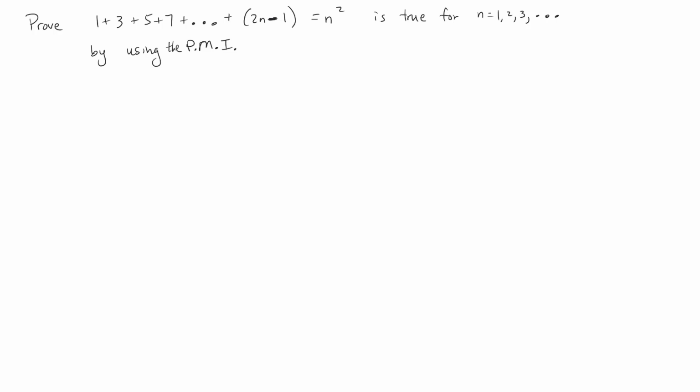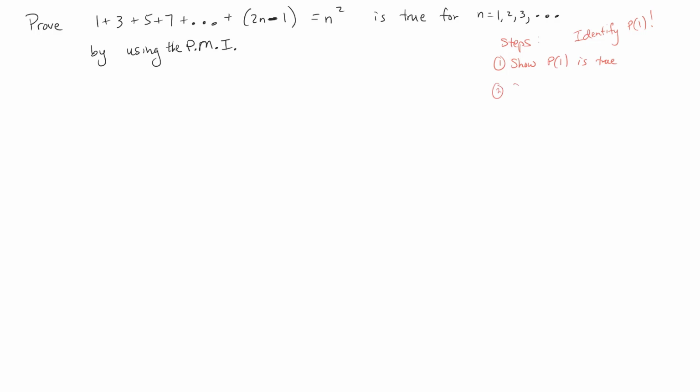Now, don't forget, when you're proving something with induction, there are some steps here. 1, you got to show or prove that P of 1 is true. First thing you actually have to do is identify P of 1. P of 1 is actually harder because it's in some ways trivial. It's actually easier to identify P of 2. So if you need to, identify P of 2 first, and then go back and identify P of 1.